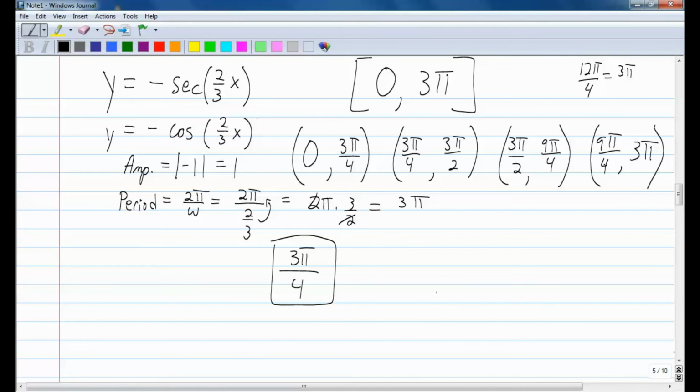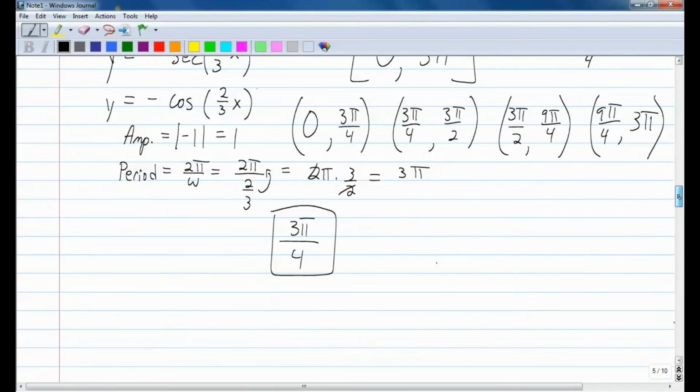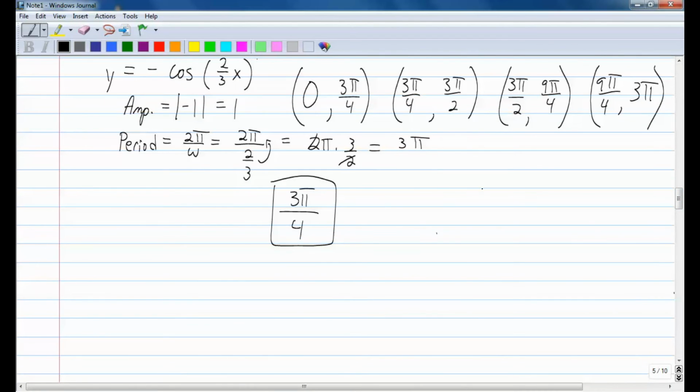Now I'm going to label these key points on the x-axis. This is x equals 0. Then the first significant point past 0 is 3 pi over 4. The next significant point is 3 pi over 2.